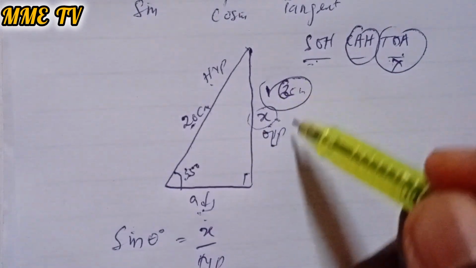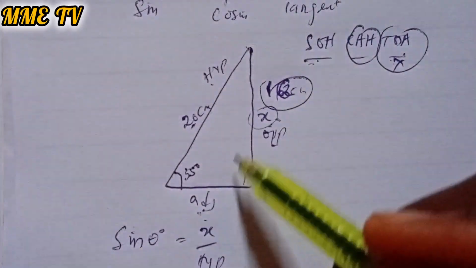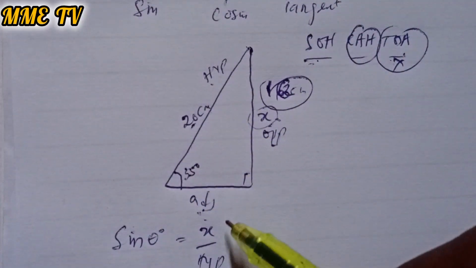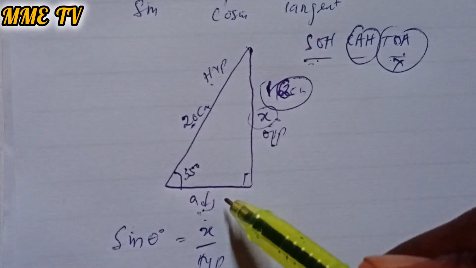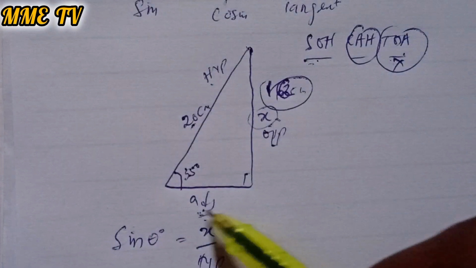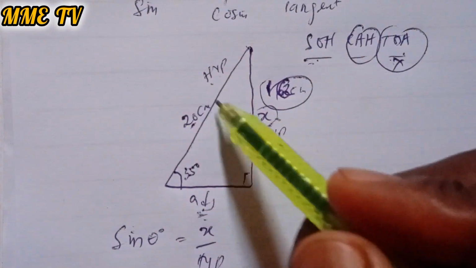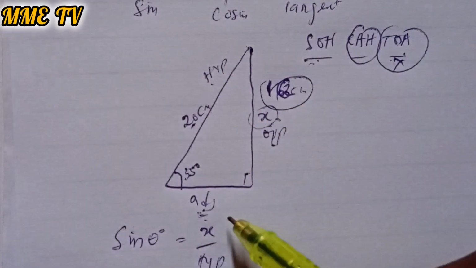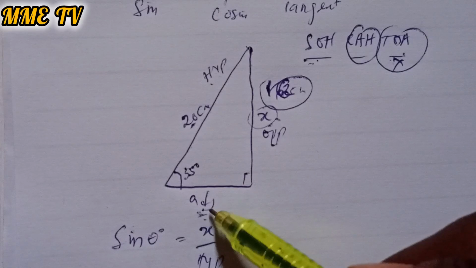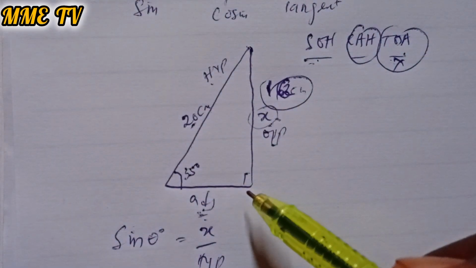Now that I've gotten the opposite to be 16 cm, and the hypotenuse is 20 cm, what is left for me to complete this whole right angle triangle is to find the value of the adjacent. As long as I have gotten this and I have this already, I can use any of them that have to do with the adjacent, then I will solve to find what I'm looking for, depending on the one which I'm going to use.